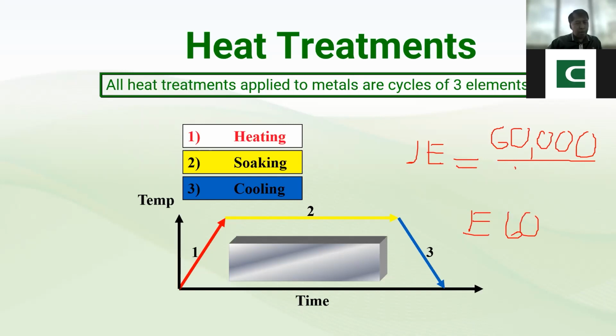So kung ang ginamit mo E6011, so 60,000 din ang strength ng weldment. So match ang ating strength ng ating parent metal or base metal sa ating welding electrode. So 60,000 divided by 60,000, 1 ang ating joint efficiency.